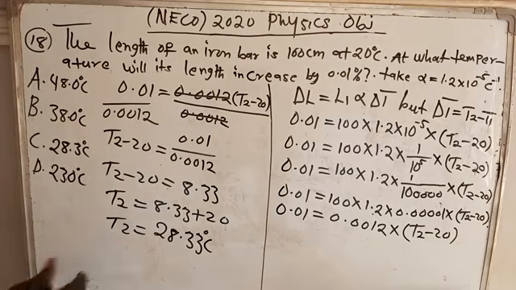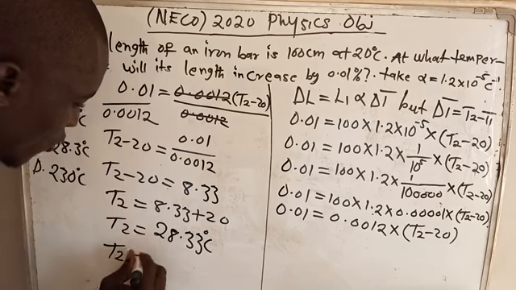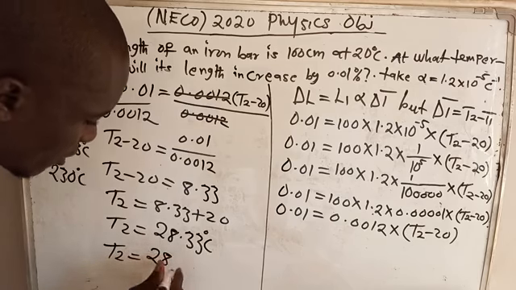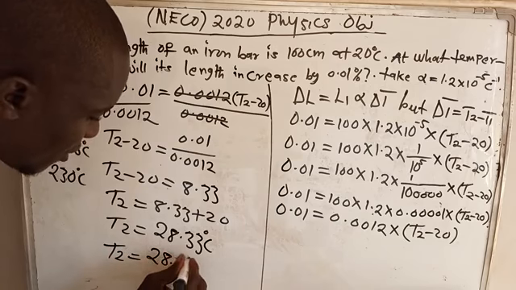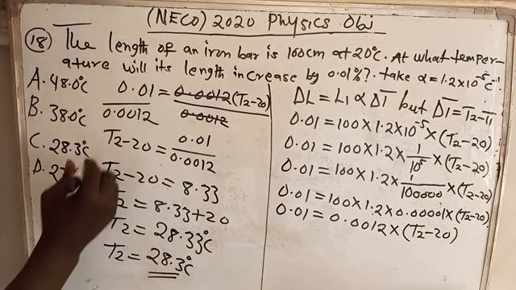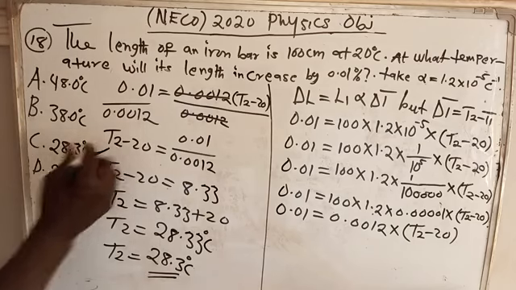This is our result. If you look at the options, 28.3 is very close to our result, so T2 will be 28.3 degrees Celsius. And the right option is option C.